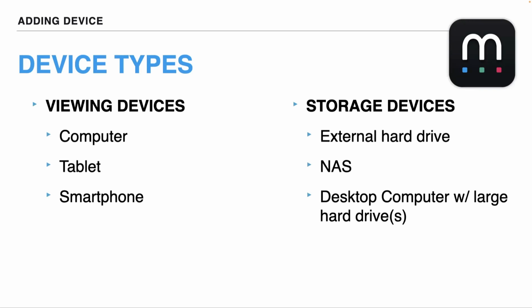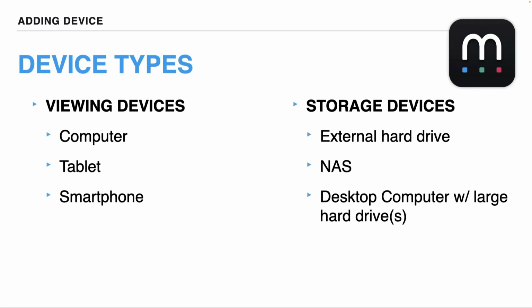There are different storage devices, for instance, external hard drives that I have here. There's NAS, which is network attached storage. And actually, there's a whole section I think Angela just put into our manual that shows how to install the NAS. And then also a desktop computer with large hard drives.